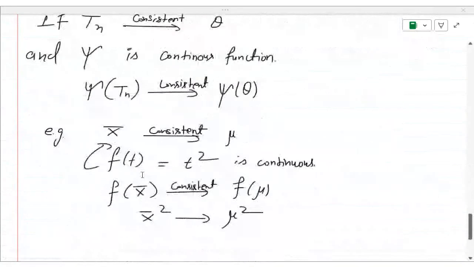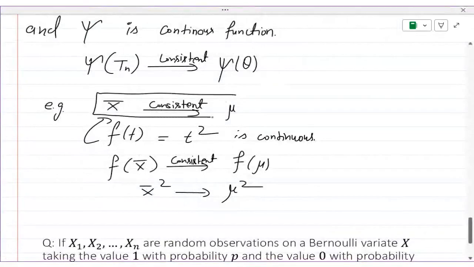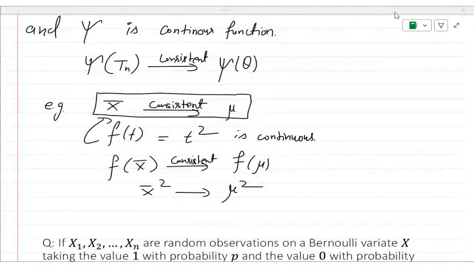So first this is clear that the sample mean is a consistent estimator of mu. We know that x bar is a consistent estimator because we have shown it just before. And now f of t equal to t square is a continuous function.